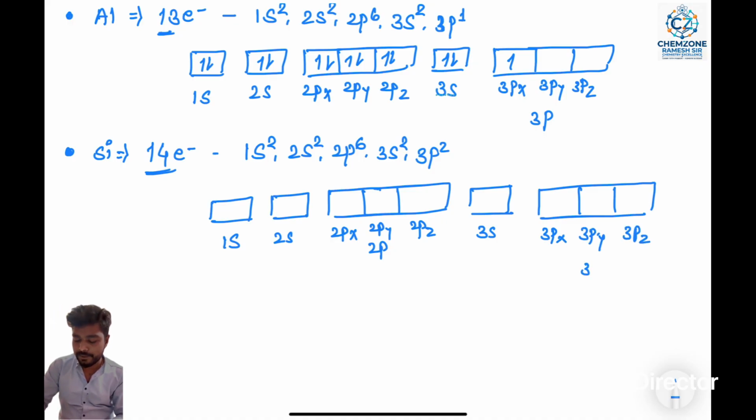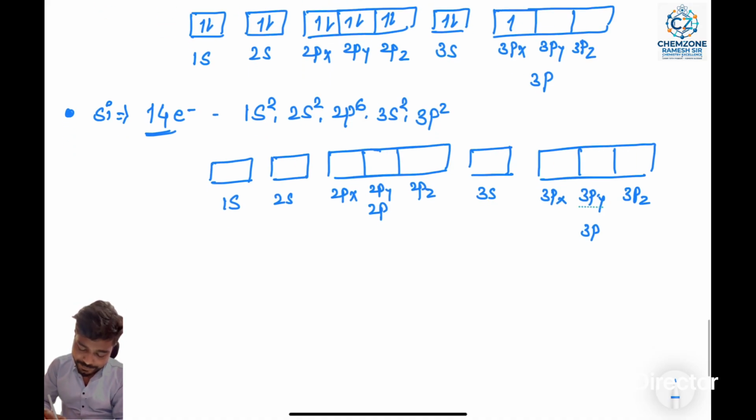Okay, that is your 3p structure. So these types of structures are present. Okay, one by one you are filling the electrons in orbitals. So 1, 2, 3, 4, 5, 6, 7, 8, 9, 10, 11, 12, 13 and 14.